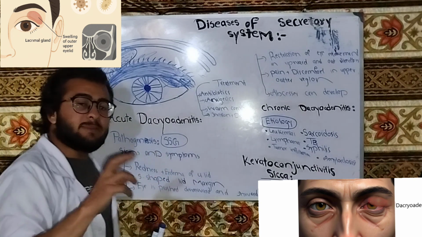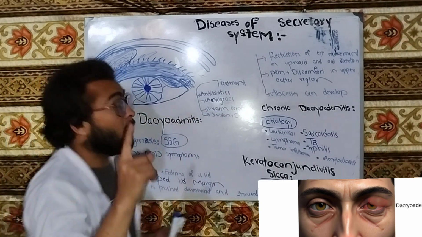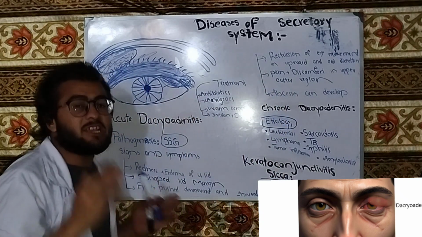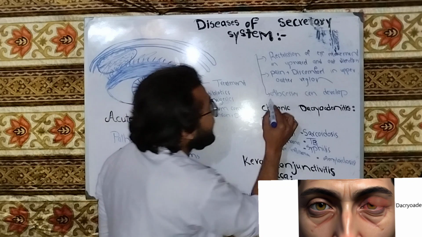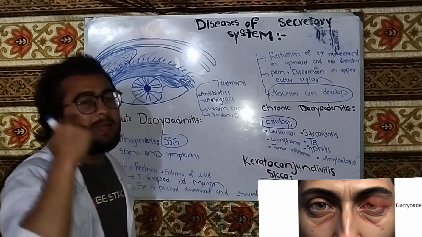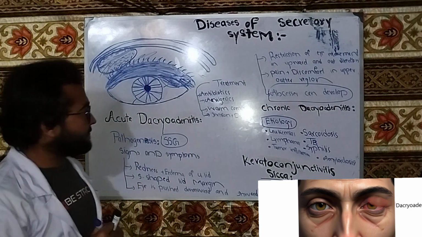These are the signs and symptoms. Now what are the treatment options? If the condition is not managed timely, then there can be the formation of an abscess. The abscess can develop in the acute inflammation of the lacrimal gland.